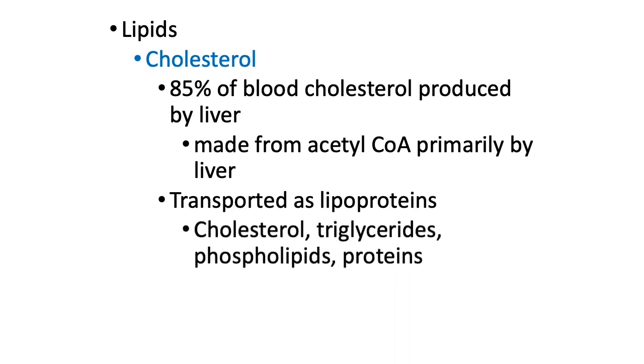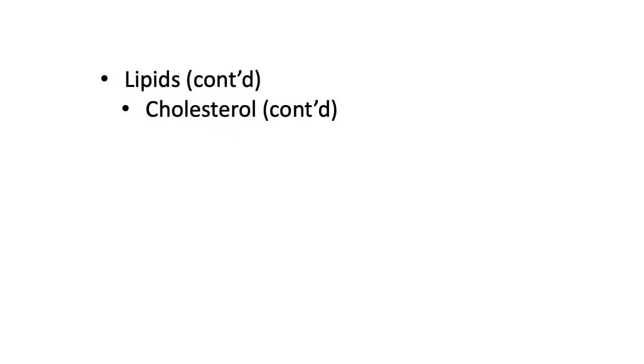A lipoprotein consists of the cholesterol and the triglycerides, which are both hydrophobic, the phospholipids, which are hydrophobic and hydrophilic, so they have 2 separate ends, and proteins. You've heard of low-density lipoproteins and high-density lipoproteins.